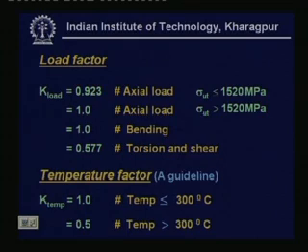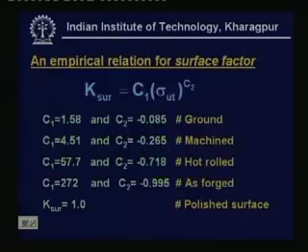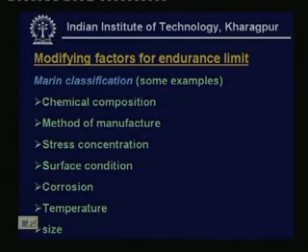Now, here you can understand this temperature effect can create situations like the creep, etc. So, one can take a temperature effect. Now, as I have mentioned earlier, we do have other situations such as chemical composition and corrosion, which I have not mentioned over here, particularly the method of manufacture.